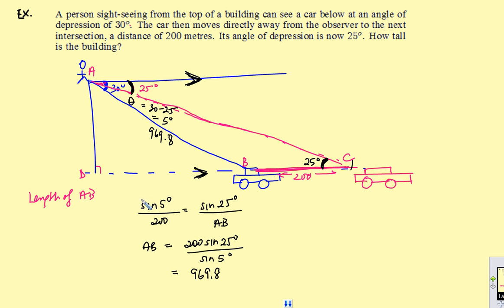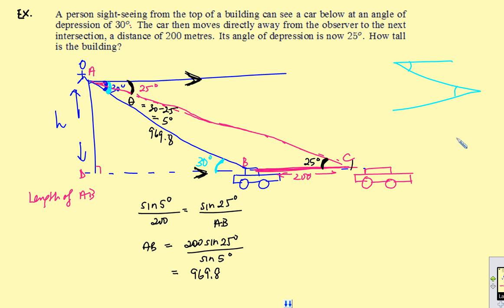Now, all I need to do is find the height. The height is right here. This is the height. Now, in doing the height, let's see what we can do. I now know also the measure of the angle. If that's 30 degrees there, then this angle in here has to also be 30 degrees because it's another Z pattern.